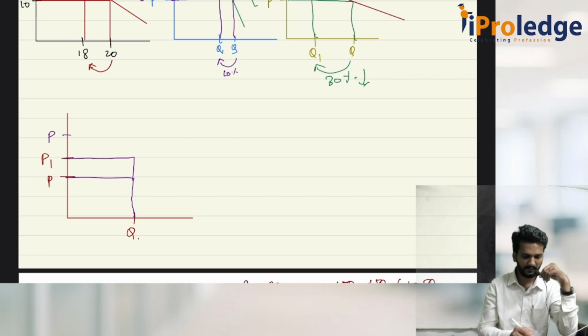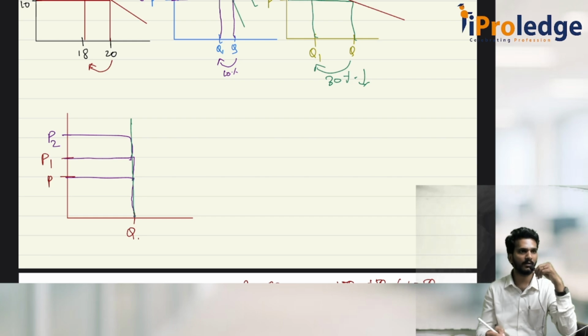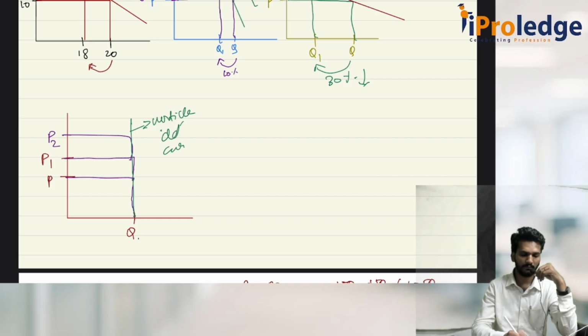Again, price increased, still it remains on the same point. Because of which, here, if you see, the demand curve is a vertical demand curve. This curve is also called, this is the y-axis.